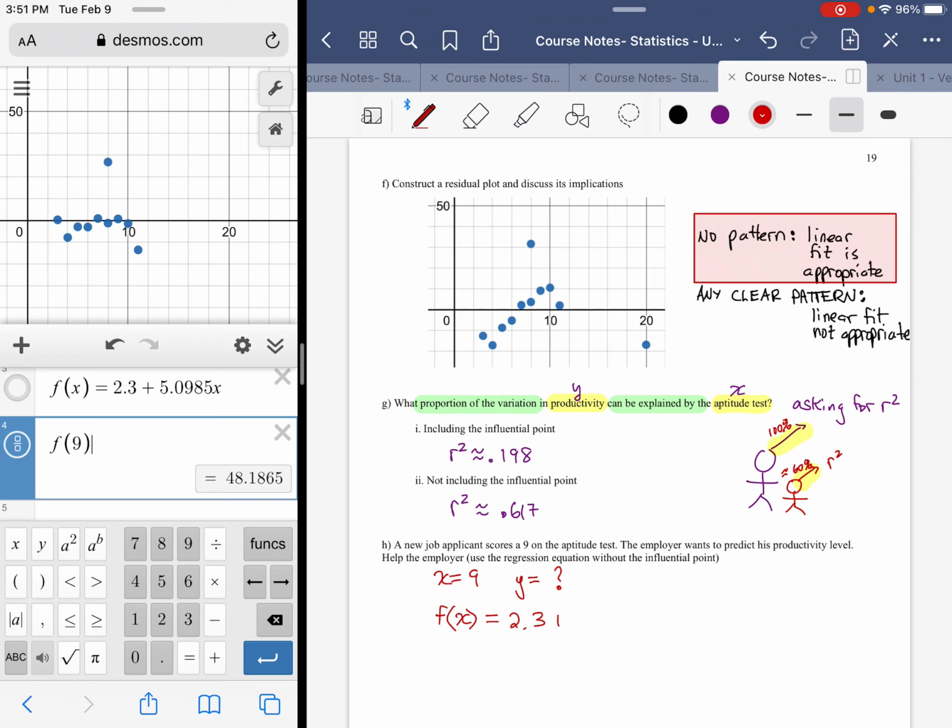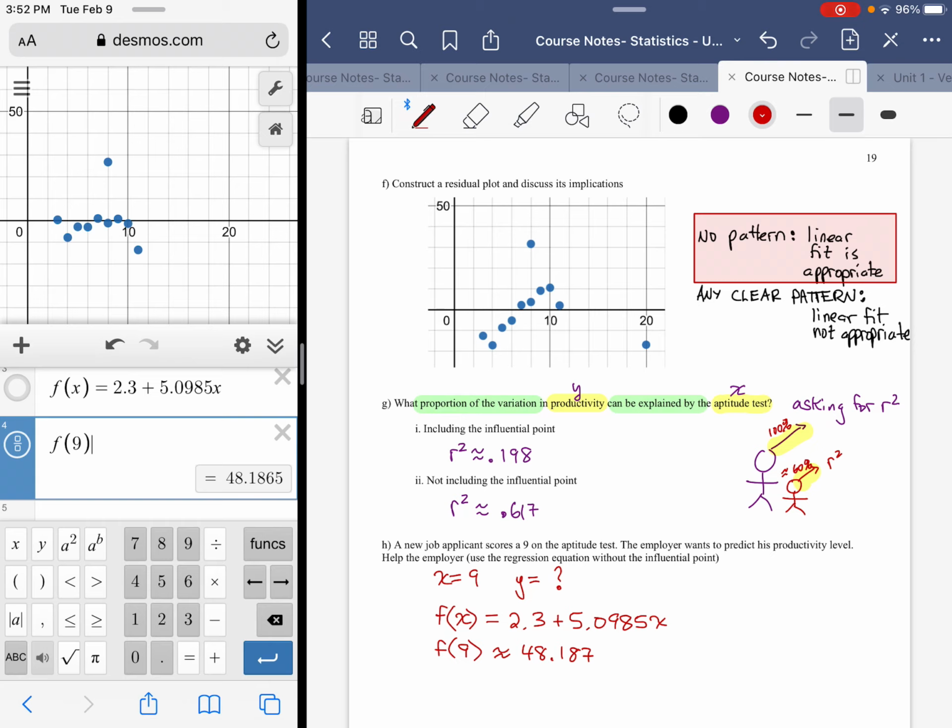So f of x is equal to 2.3 plus 5.0985 x. Without doing any number crunching by hand, we get about 48.187.